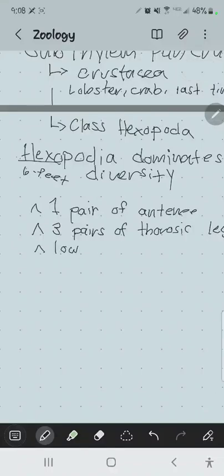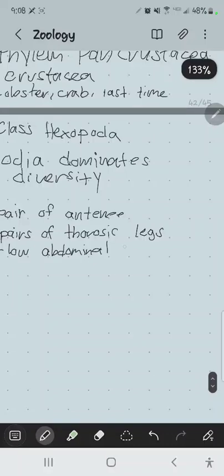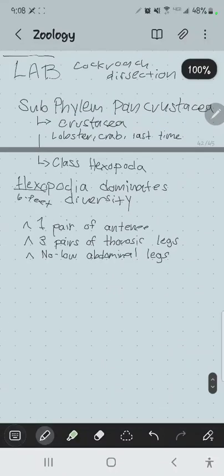It was just like the head had 5 pairs of legs, and the thorax had 8 pairs of legs. The abdomen had at least 8 pairs of legs. So crustaceans were just kind of all about legs. The hexapoda really is just 3 pairs of legs that kind of made it efficient down to the thorax region. And that's kind of their thing.